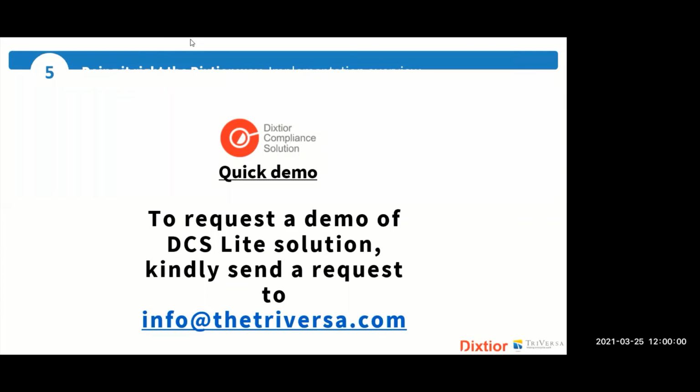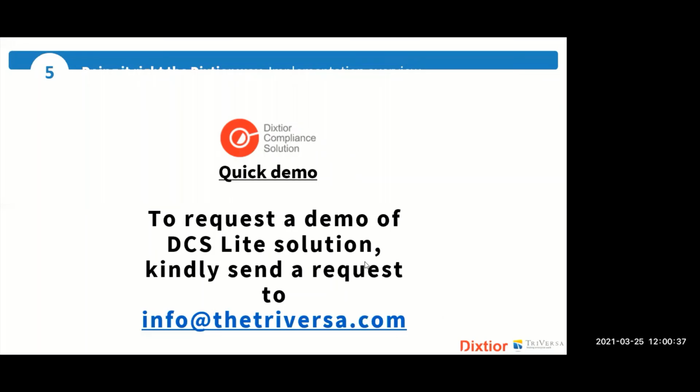How does this adapt as policy changes? Well, Dixtior has the commitment of assuring that if the legislation where the client, a payment service or a bank, is located changes, we Dixtior are obliged to adapt DCS to that particular change. Let's imagine a new rule is issued by the Central Bank of Nigeria. We have to respond and allow DCS to comply with that legislation.